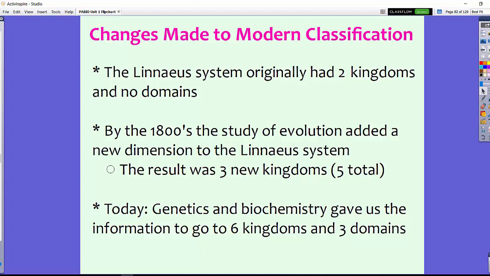With all of this new knowledge, the result was three new kingdoms, so we actually had five total at this point. Fun tidbit: when I was in school, I learned those five kingdoms. Now you are learning what we have today, which is six kingdoms. These six kingdoms are all based upon genetics and biochemistry and a lot of new knowledge that came about since the 1800s, and since my time as well, when I studied it back in middle school.